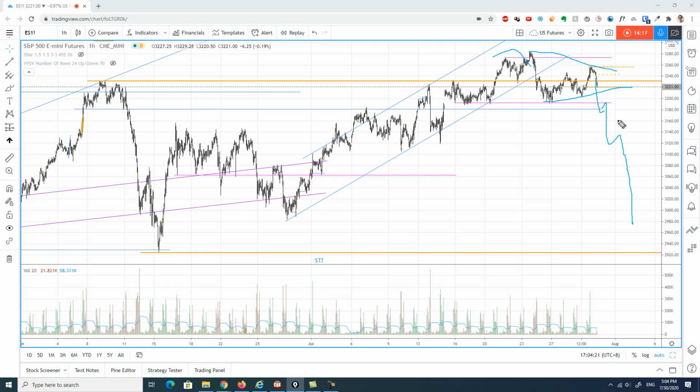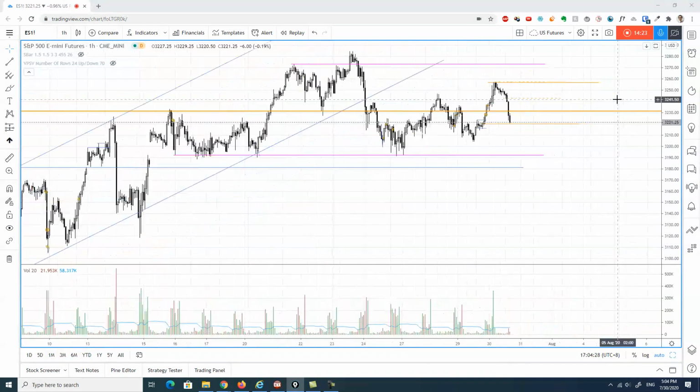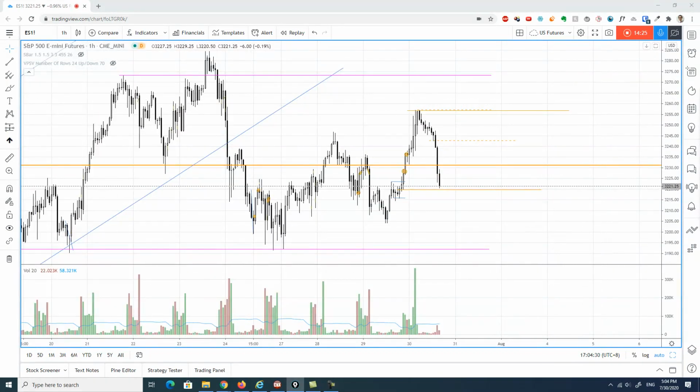For the key levels I'm watching, for the key resistance level, 3160 seems like a level to watch because that's based on this selling bar here. Yesterday we attempted to test the high generated at this bar at around 3260, but it didn't really touch that.